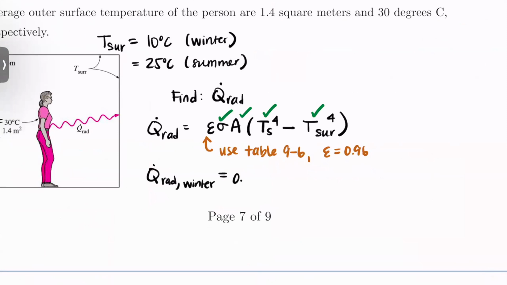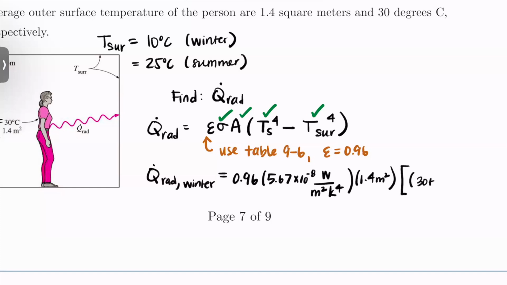So we have our emissivity, which is 0.96, times sigma, which is 5.67 times 10 to the minus 8 watts per meter squared Kelvin to the fourth, times our area, which is 1.4 meters squared, times our surface temperature, which is 30 plus 273 to get into Kelvin, to the fourth, minus 10 plus 273 to the fourth.